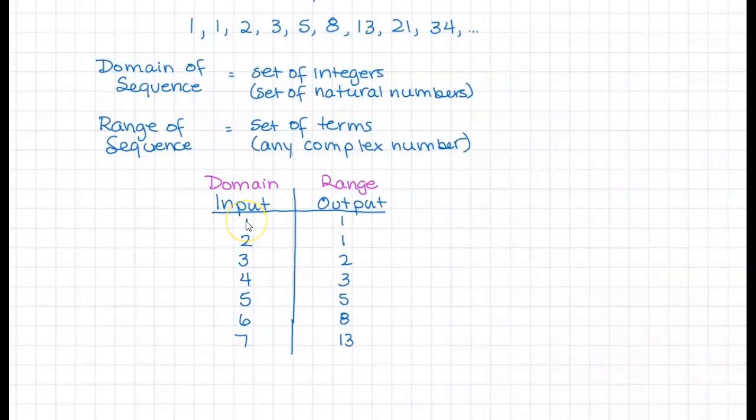So the 0th term. So you start counting at 0 and you go 0, 1, 2, 3, 4, 5, 6, 7. Occasionally, it actually makes more sense to start with negative numbers. Maybe you start with -2 and then go to -1, 0, 1, 2, 3, 4. So your domain actually could start at any integer, but then it's going to just increase by 1 each time. And so that's why I say the set of integers.